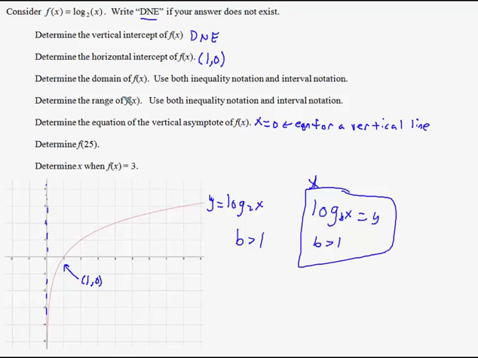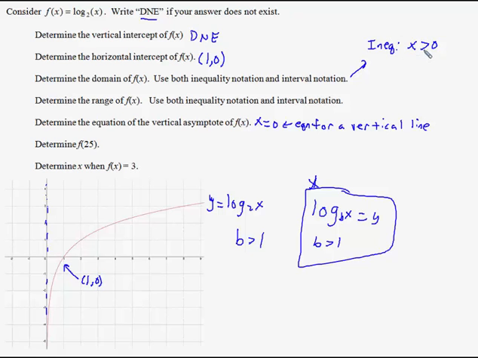To find the domain and the range, again, as long as we're in this form, all of the answers are the same. The graph never actually hits the y-axis. That means the x values always lie to the right of the y-axis, meaning the x values are always positive. So my domain in inequality notation would simply be that the x values are strictly greater than 0.